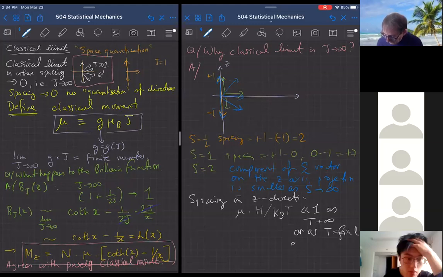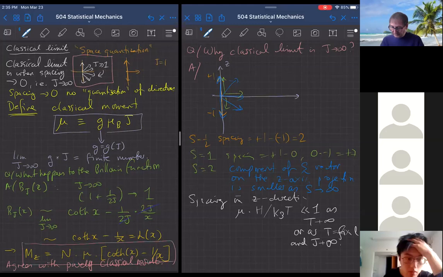So T can be fixed, and J goes to infinity. So they're equivalent limits. Just as we can think of high temperatures and weak fields, it's a dimensionless quantity. So I can either make the numerator big or the denominator big, and that's how I change it. So that's why this is the classical limit. So does that answer your question?